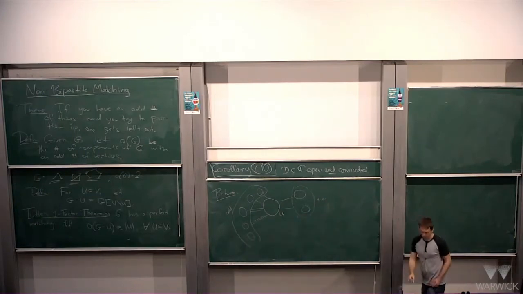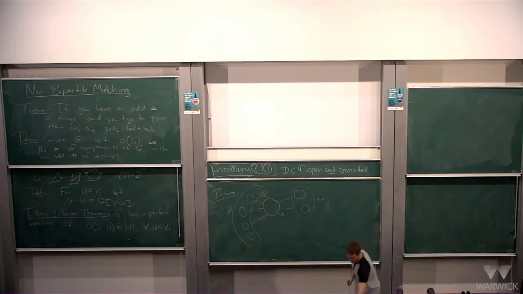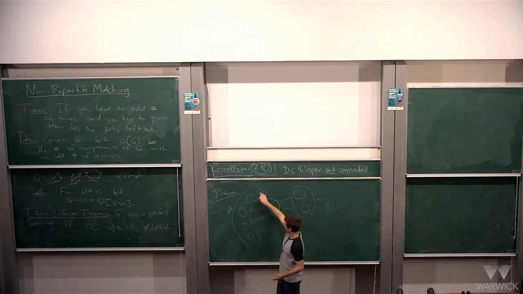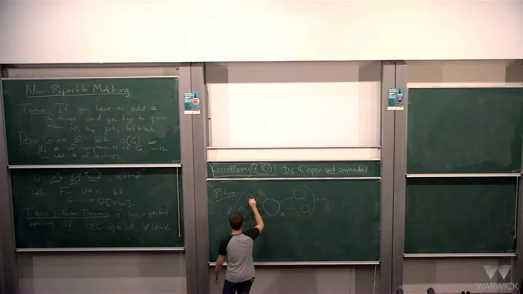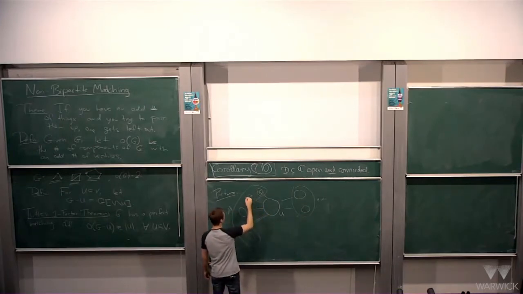Well, one thing that can prevent you from finding a perfect matching is this: if I look at each of these components within themselves and try to pair them up with a matching, somebody always gets left out.